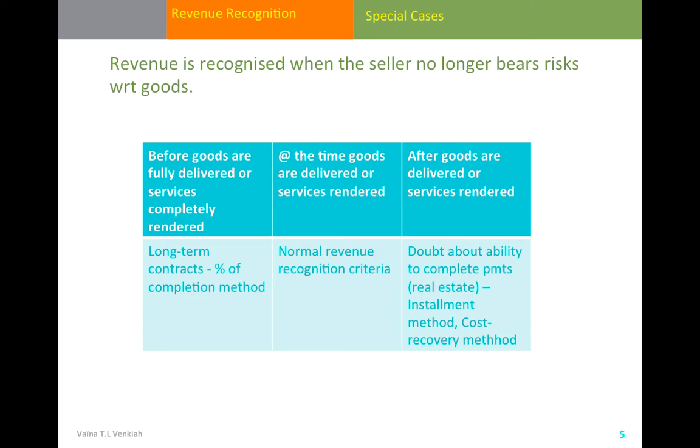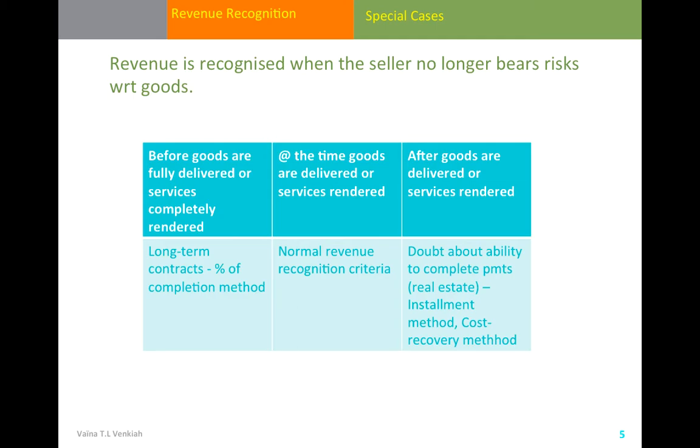Okay? And then we have at the time goods are delivered or services rendered. So that will use the normal revenue recognition criteria, which is revenue is recognized when the seller no longer bears risks with respect to goods.